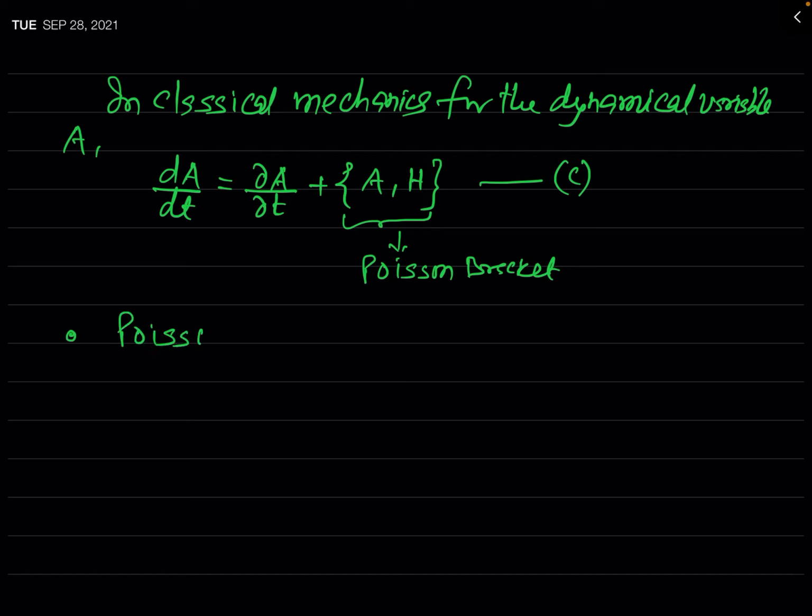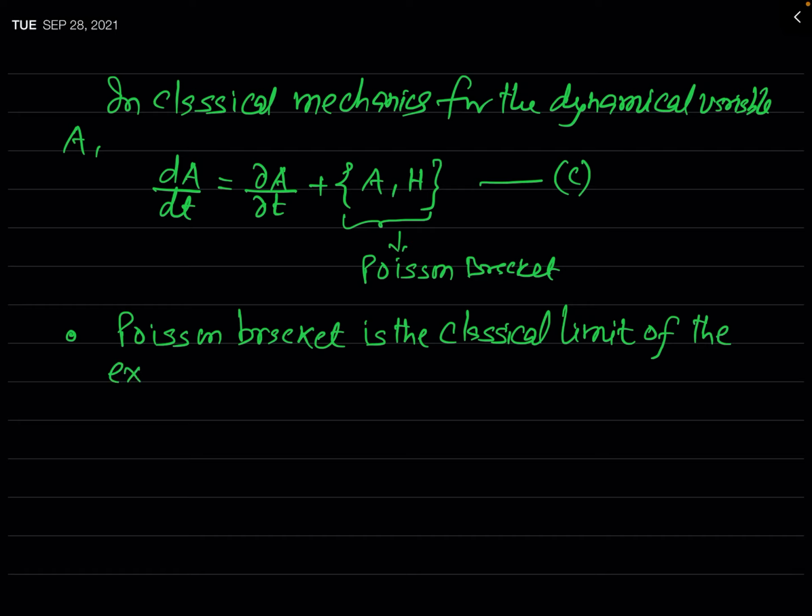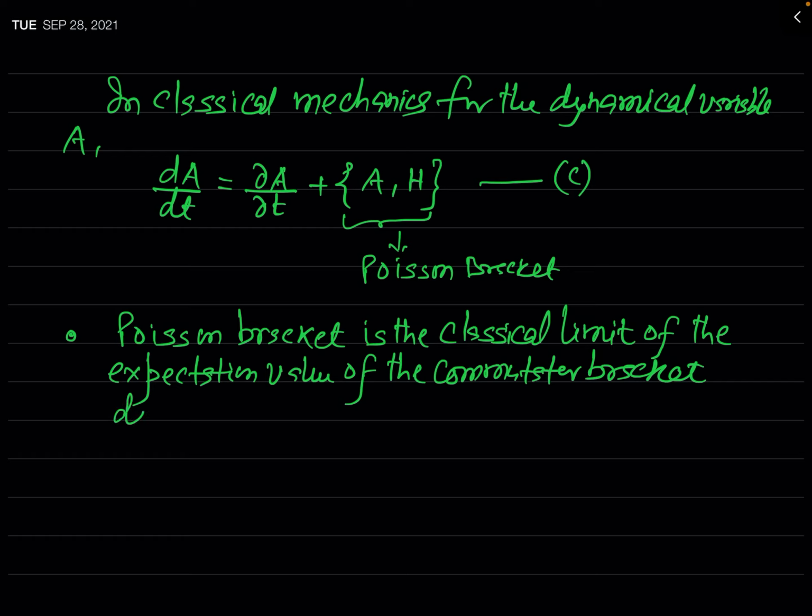Poisson bracket is the classical limit of the expectation value of the commutator bracket divided by i h bar.